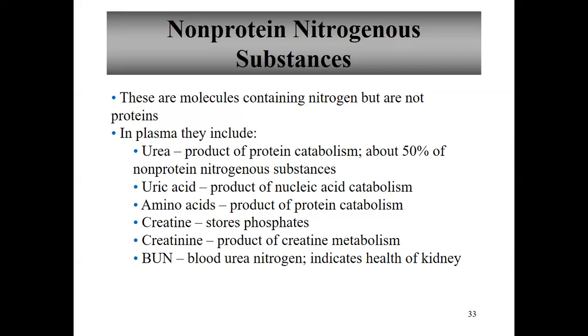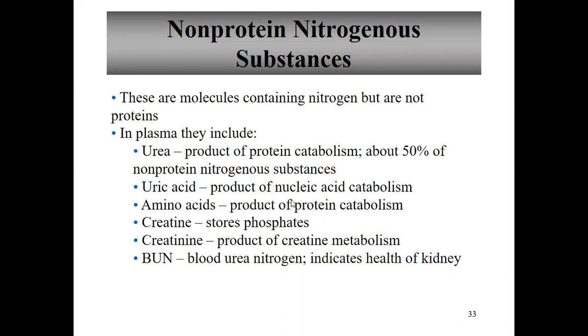Anabolism is building things up. So urea, a product of protein catabolism, means that you get urea when you catabolize or break down protein. About 50% of the non-protein nitrogenous substances in the blood comes from this urea, which is a product of protein breakdown.